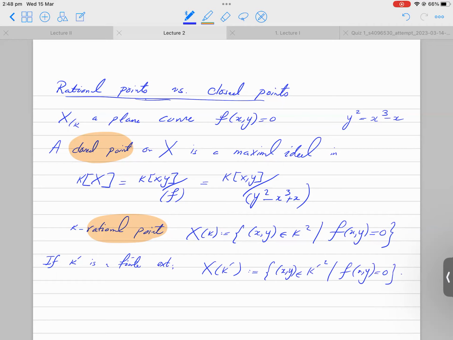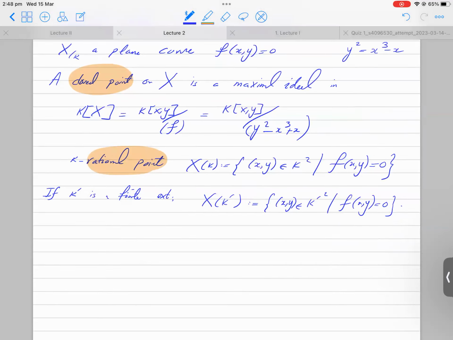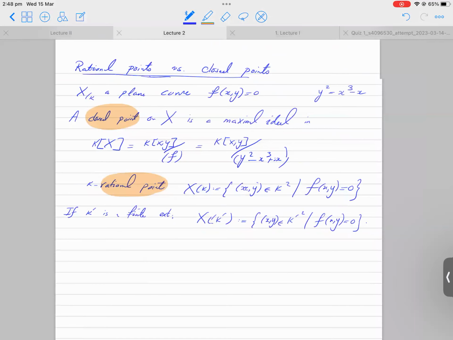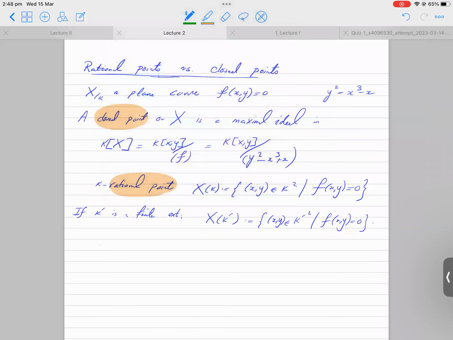And this can be radically different. Just imagine a more obvious example: f(x,y) = x squared plus y squared plus 1 has no R points, but plenty of C points, because there are plenty of pairs of complex numbers satisfying this equation, but no pair of real numbers.